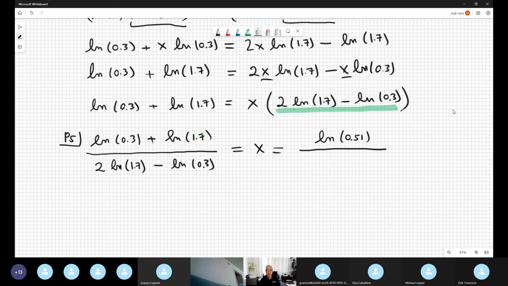Cool. And the bottom, similar, but I apply property number 6 because it's subtraction, and property number 7 because we have one extra factor that I convert. That actually is 1.7 squared, this 2 is the exponent, divided by 0.3.